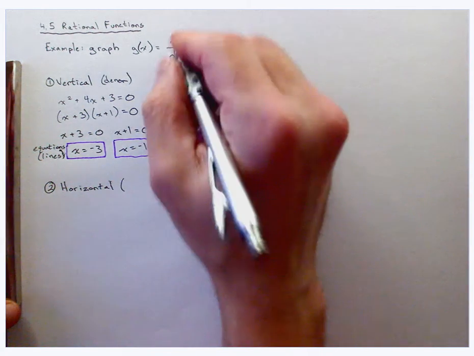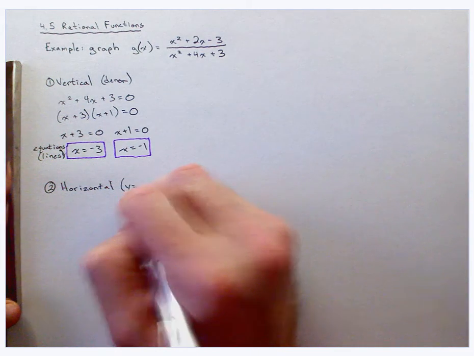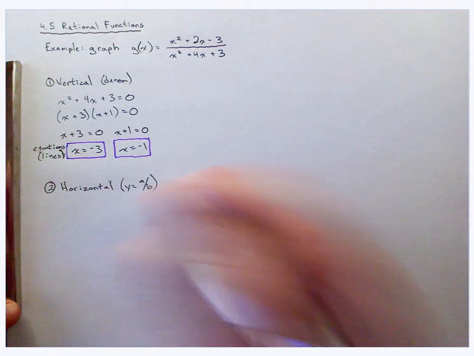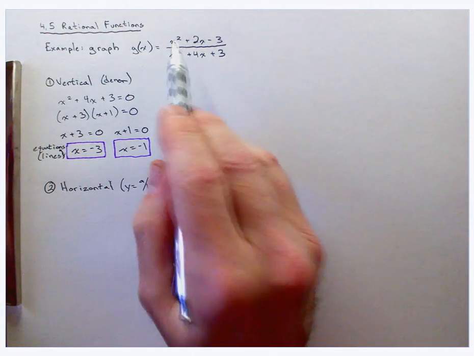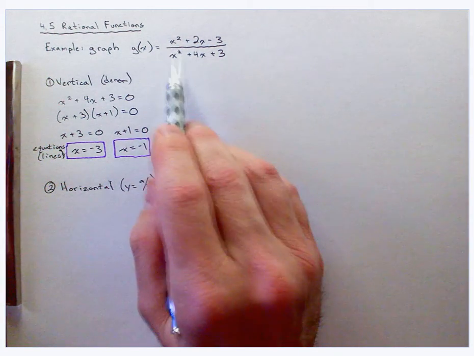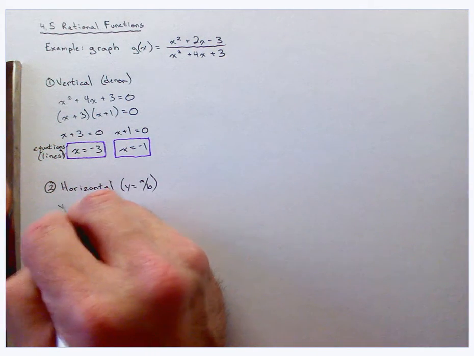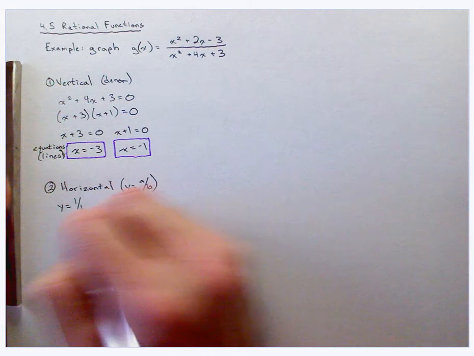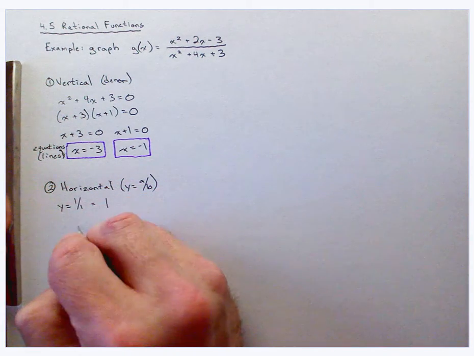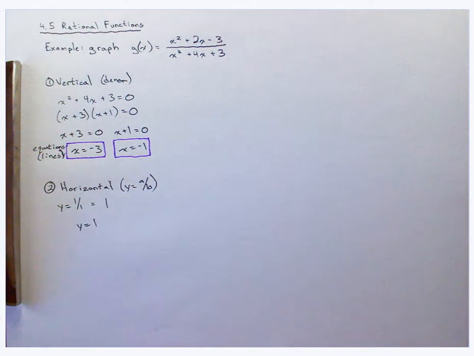And whenever they have the same degree, I use this, where A is my leading coefficient in the numerator and B is my leading coefficient in the denominator. So that one's an easy one. I end up with 1 over 1, which equals 1. So my horizontal asymptote is simply y equals 1.